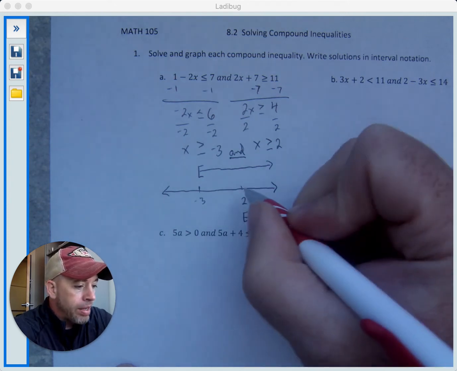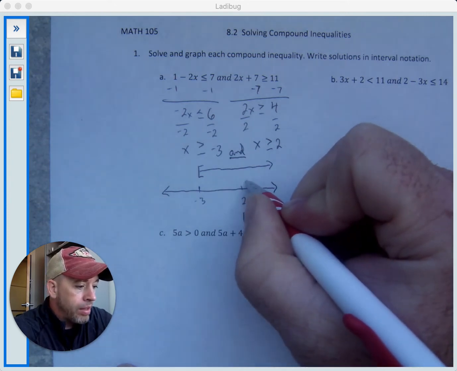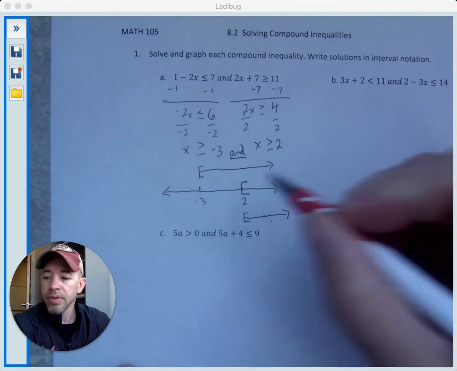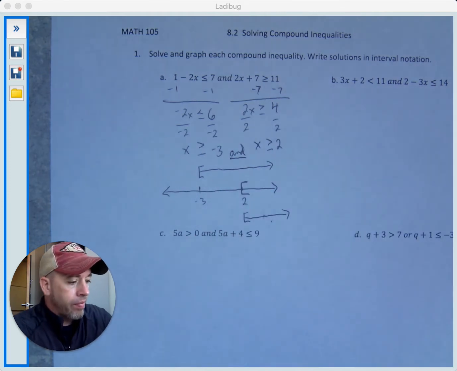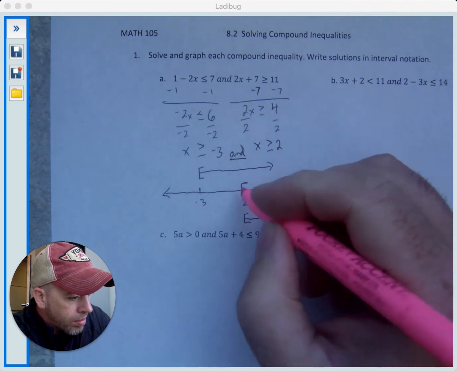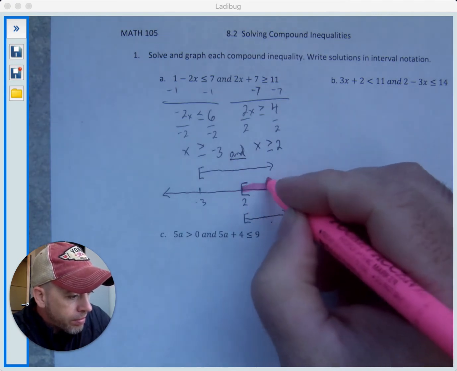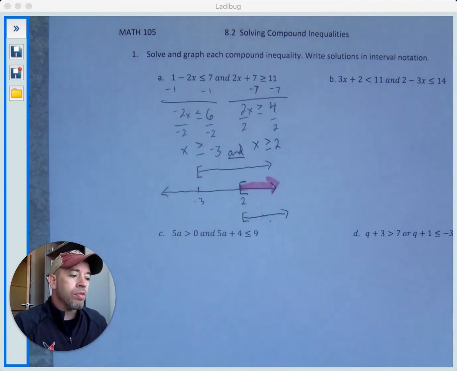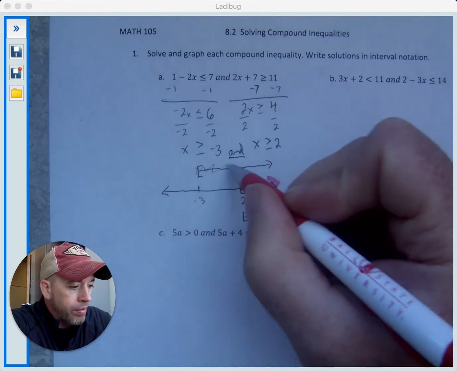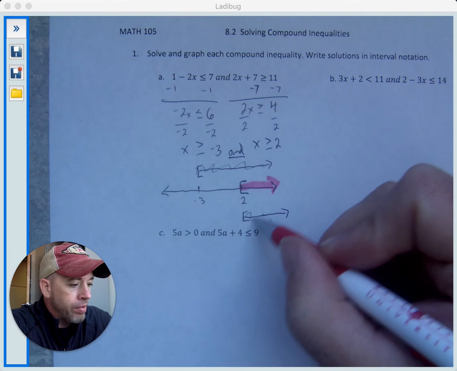I'll use my highlighter here. So the solution to the graph is not this part or this part, but it's this part right here.